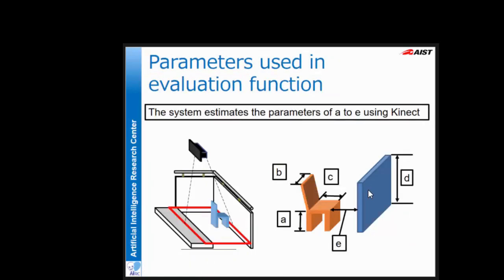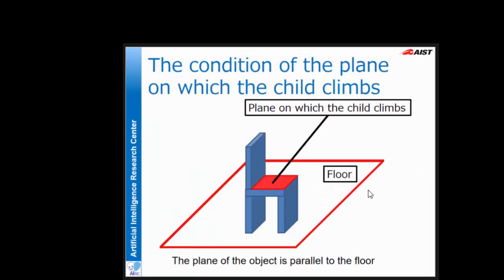The system estimates the parameters of A to E using Kinect. The plane on which the child climbs needs to be parallel to the floor, as shown in this slide. In short, this plane and the floor are almost parallel.